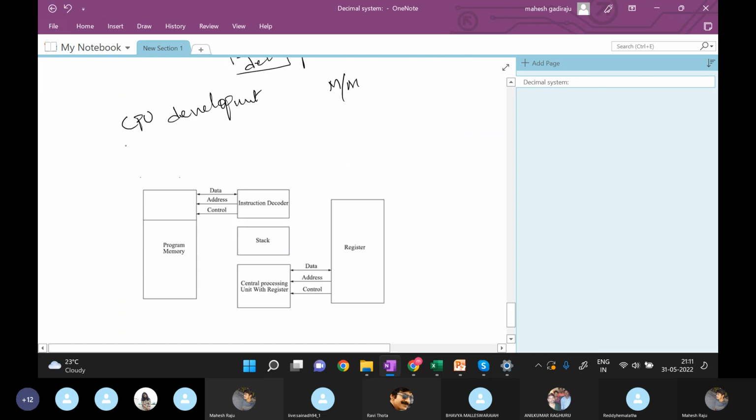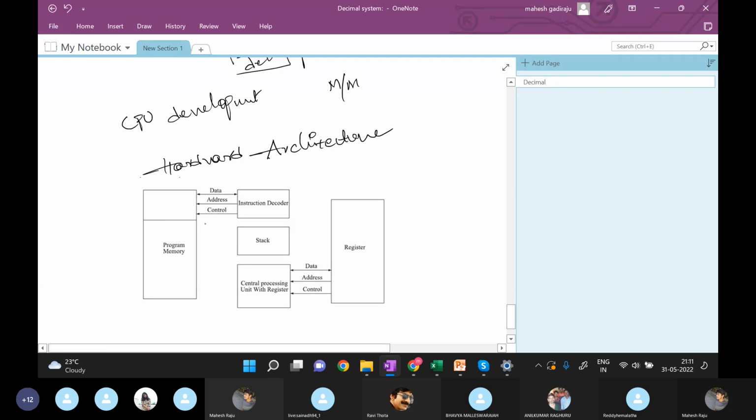If you see here, this is the Harvard architecture. In this case, the Harvard architecture mainly distinguishes how the memory segregation is going to happen.